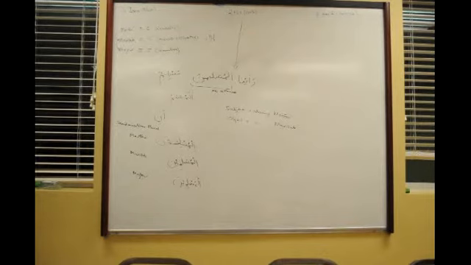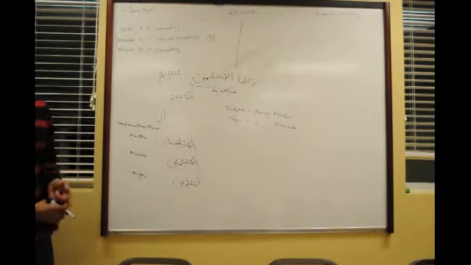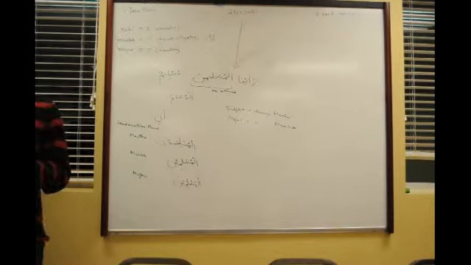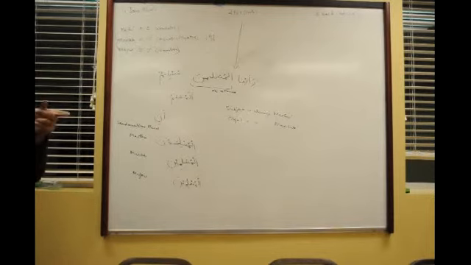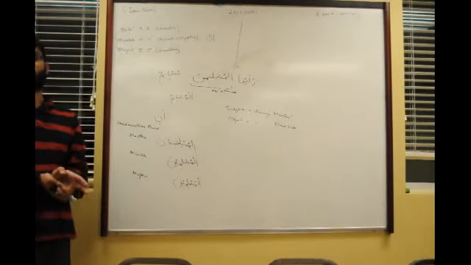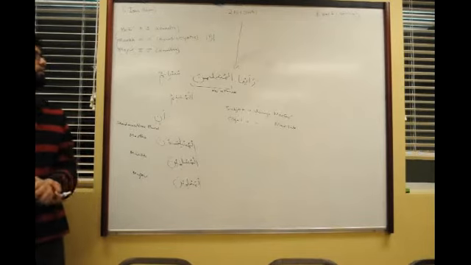Also inna has sisters, right? Inna wa akhawatu inna. What are the sisters of inna? Some sisters. No, not kana. Lakinna. Anna. Okay. What does anna mean? That. And what's lakinna mean? But. Okay. Inna means indeed.